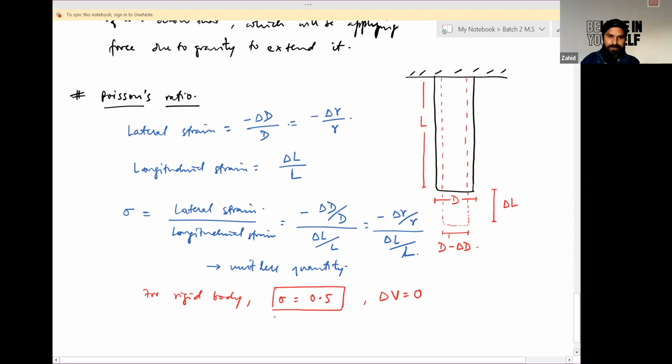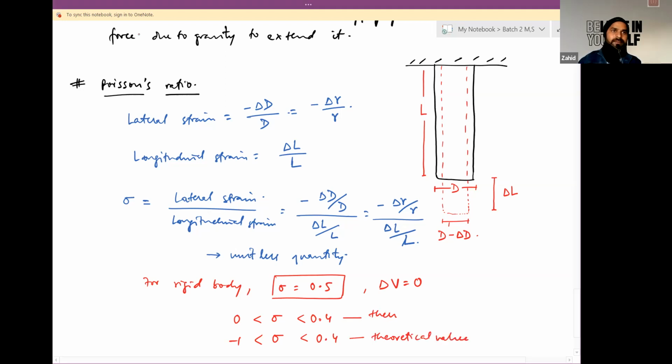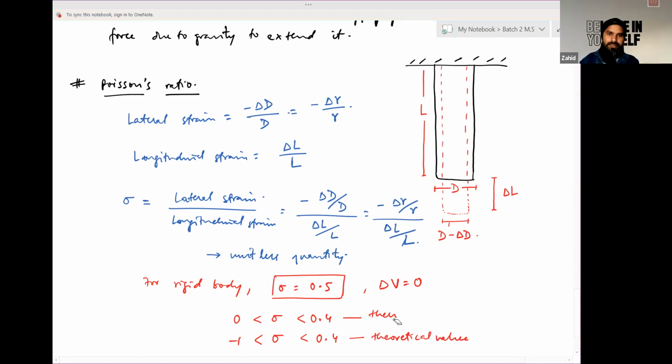In practice, sigma lies from 0 to less than 0.4, or -1 to 0.4. This is the theoretical value of Poisson's ratio, and this is the practical value of Poisson's ratio.